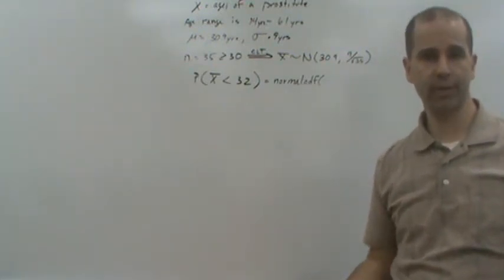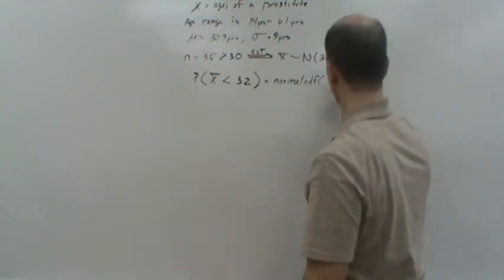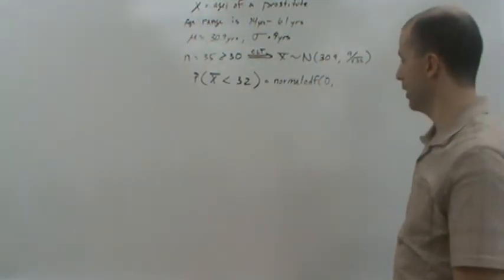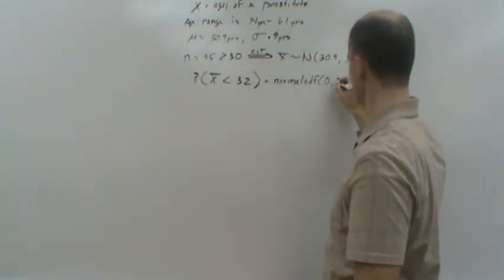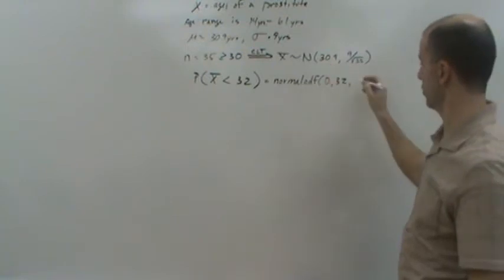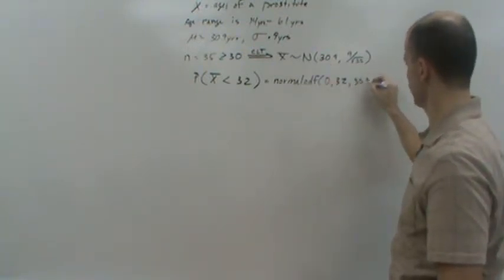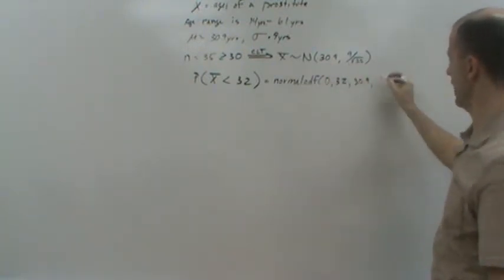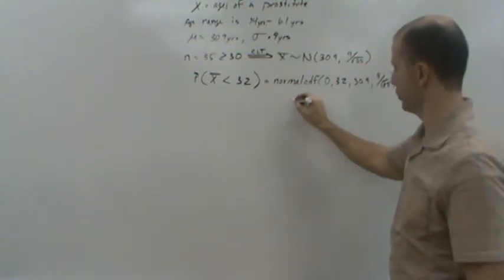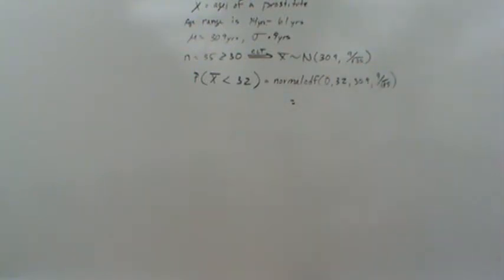We don't have to use negative 10 to the 99th power, we can just use 0. That makes sense. The upper bound here is 32. The mean is 30.9. And the standard deviation is 9 divided by the square root of 35. And then if we stick that in our calculator, what do we get?